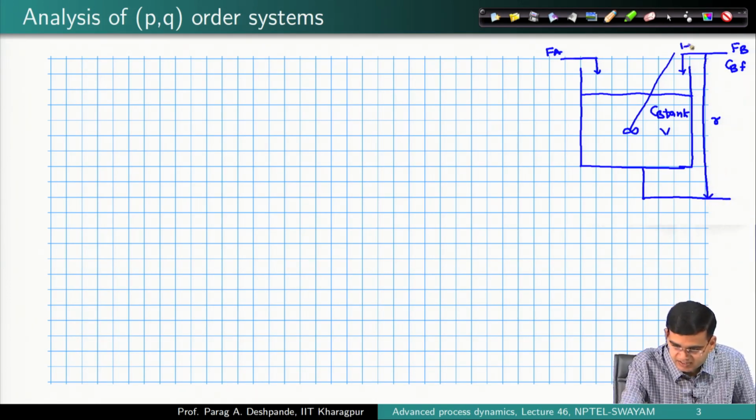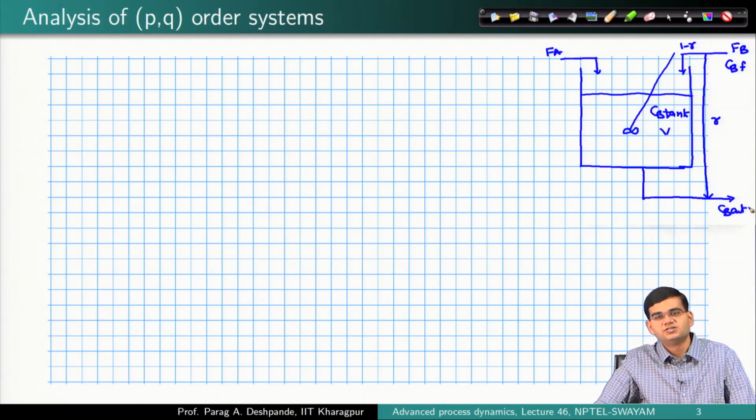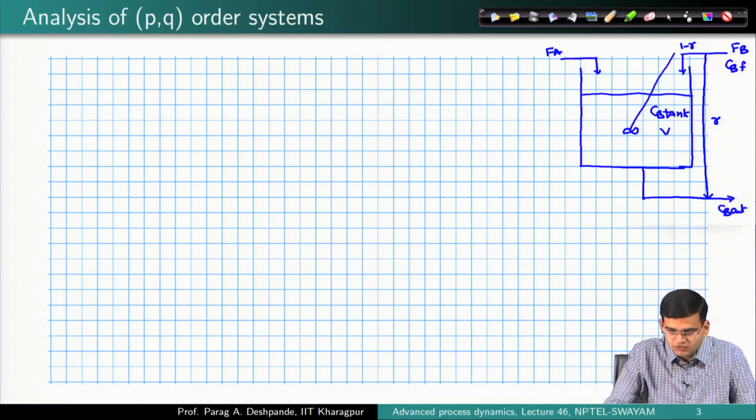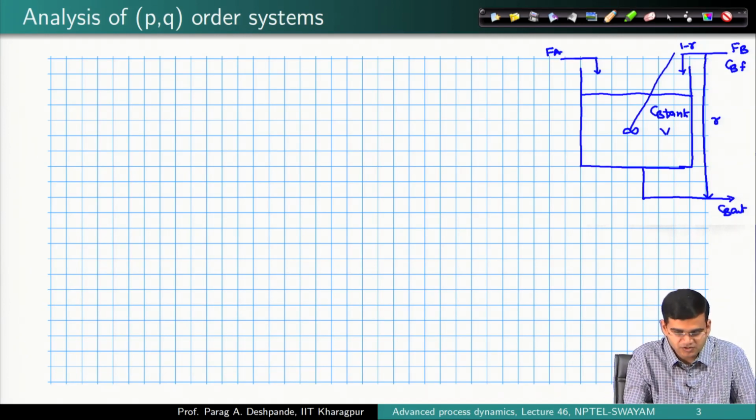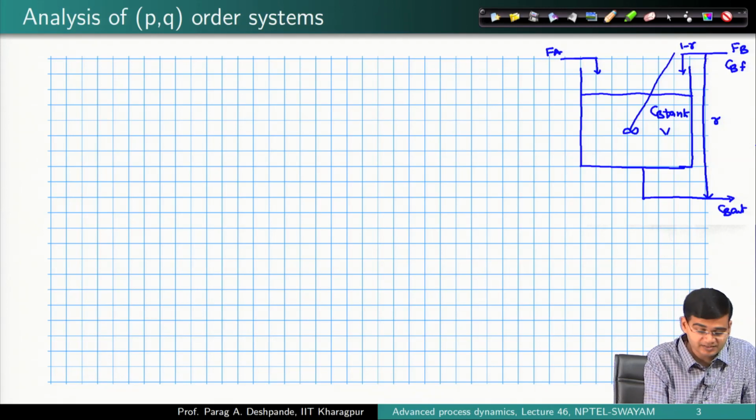So, this is 1 minus R, this is C B out. Okay. So, if this is my system, I can do one overall mass balance over the tank.